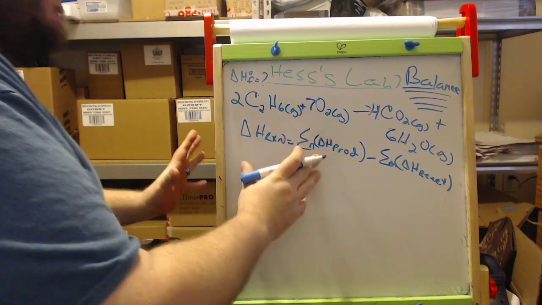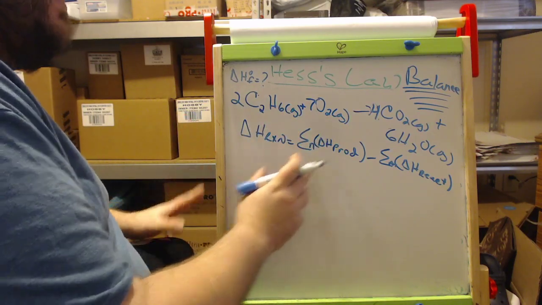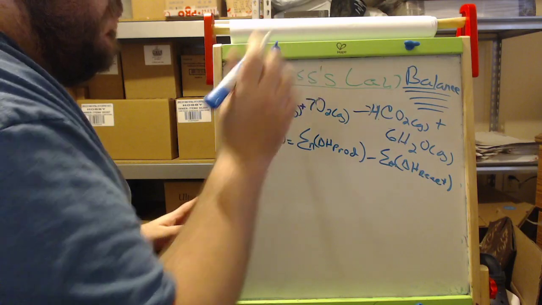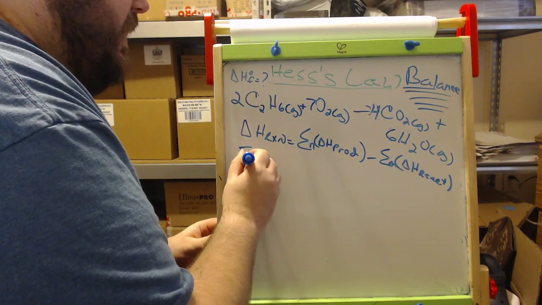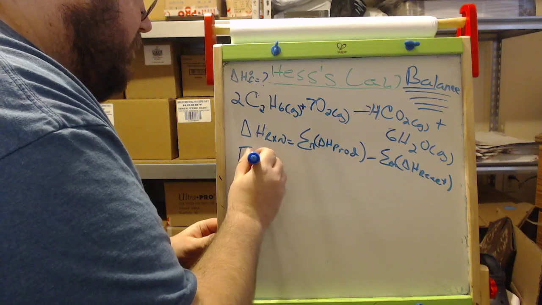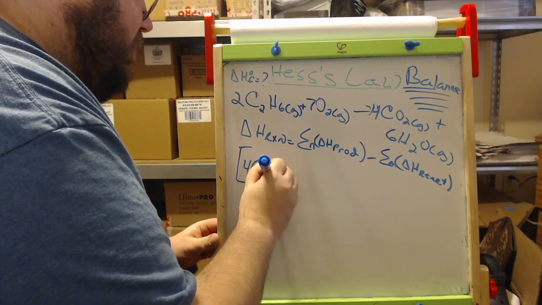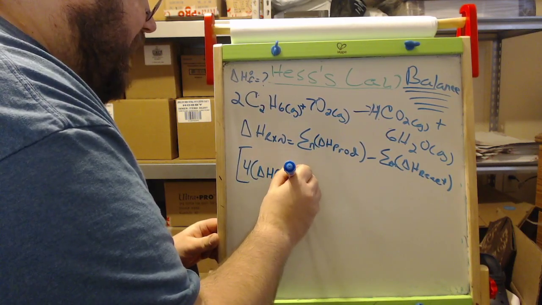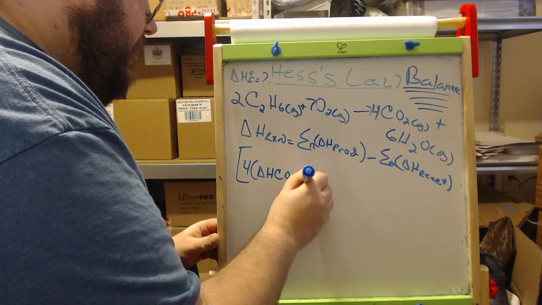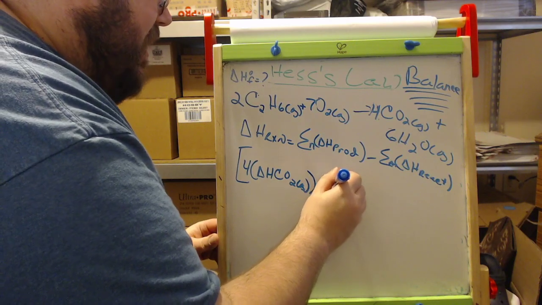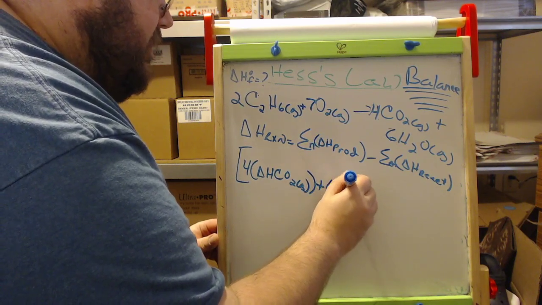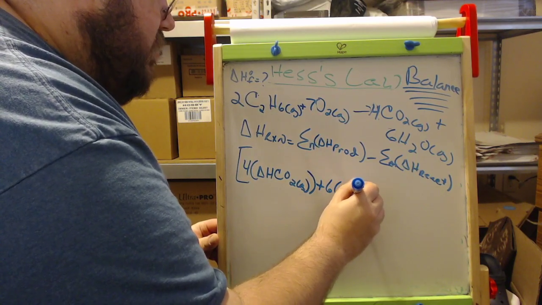Okay, so if I were setting this up to find the delta H, products minus reactants, it would look like the following. It would be 4 times the delta H of CO2 gas plus 6 times the delta H of H2O gas.